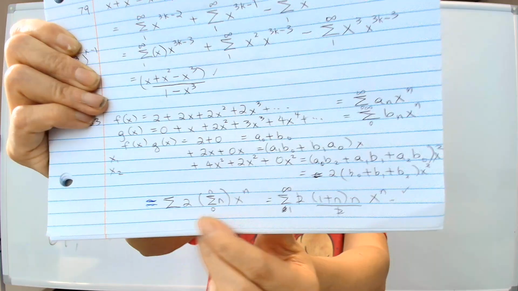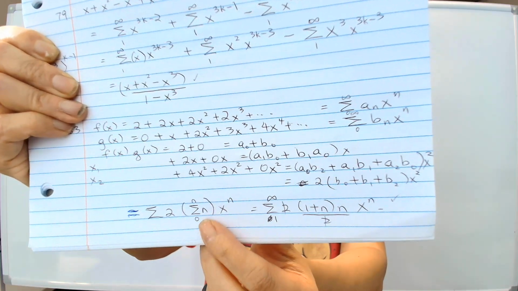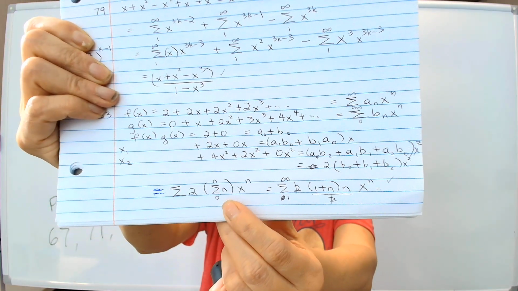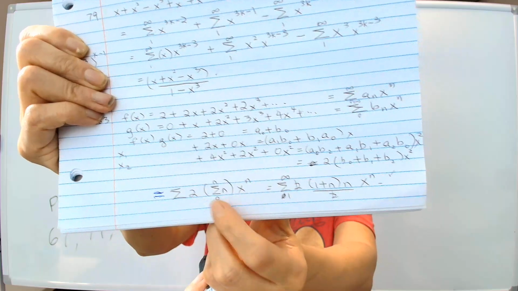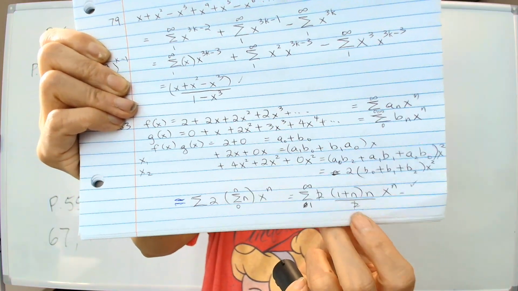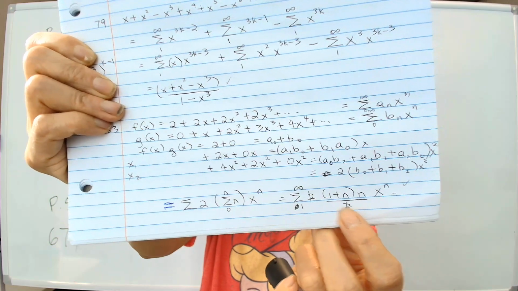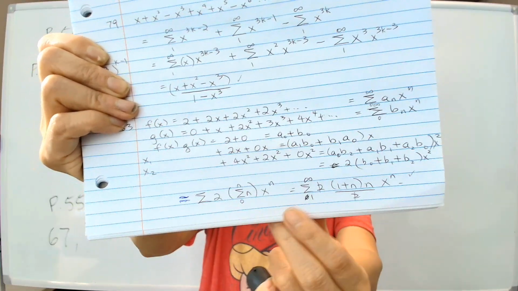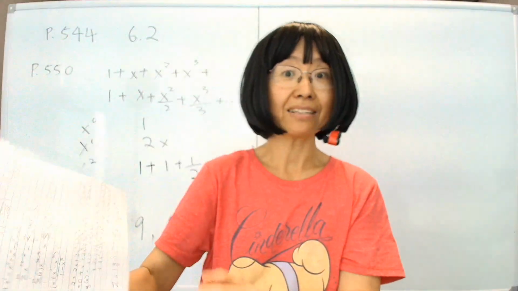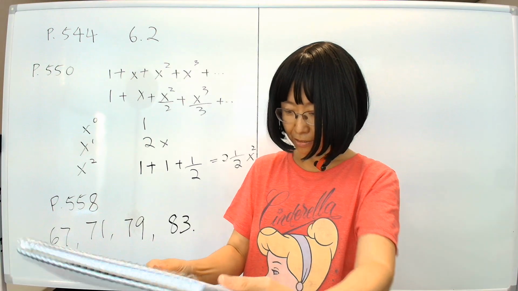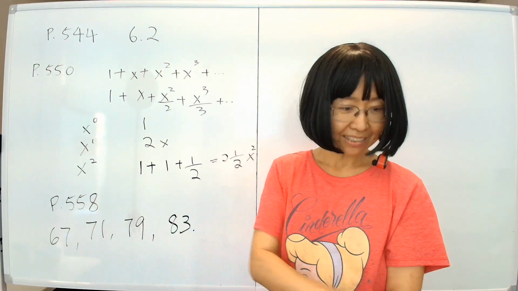When that happens, you can use this. There's a summation formula on page 8 of your book, which turns this sum into exactly this formula right here, with the 2 not canceled. I canceled the 2 because there was a 2 here earlier, and that comes out to be the right answer. So that's that.